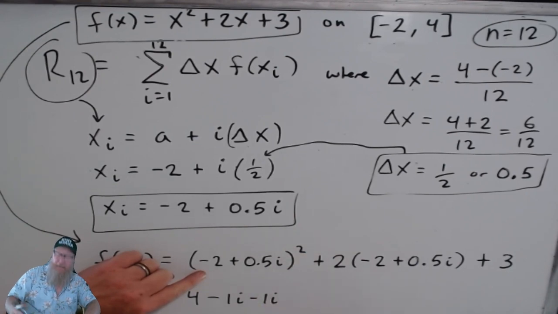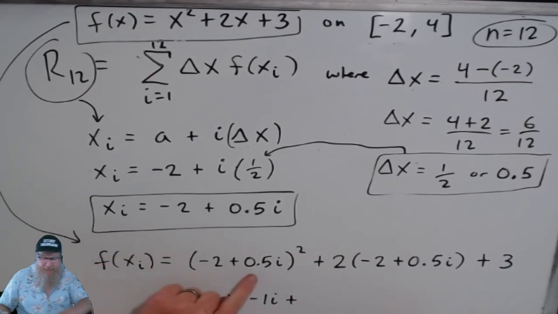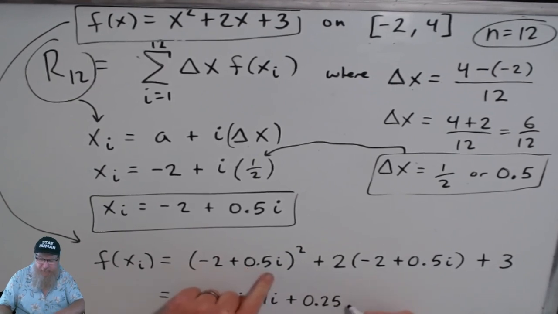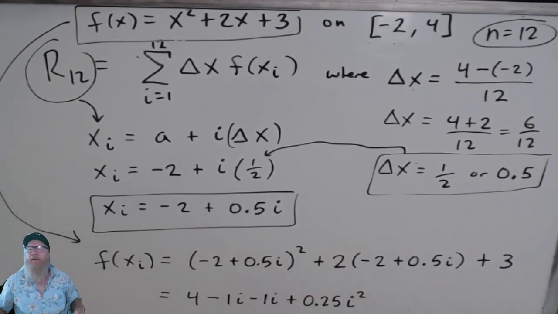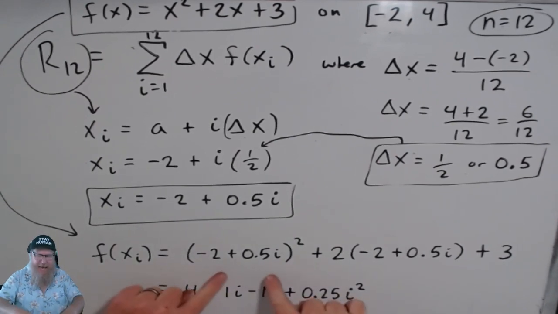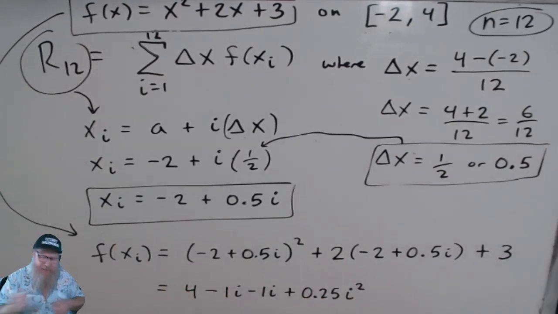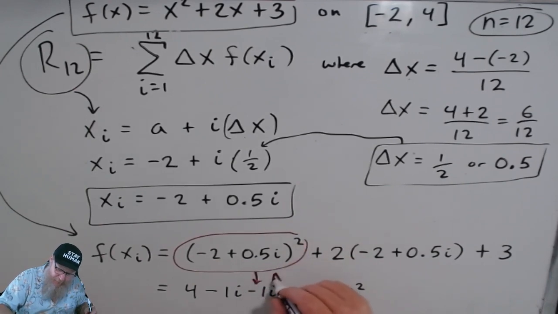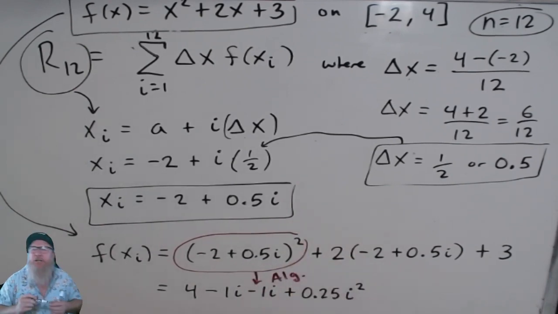You're squaring it. And then plus a half squared, which is a quarter, and then i squared. All right, that's a lot of algebra, but we're in chapter 4 now. So I'm going to put algebra, ALG. Study your algebra. You got to be good at that.